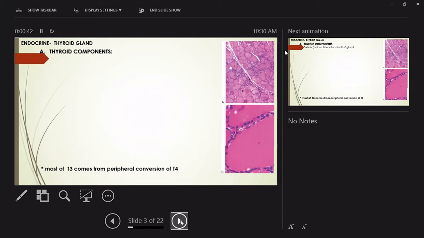What is the component of your thyroid gland? It has follicles, the acinus. This is the functional unit of your gland.